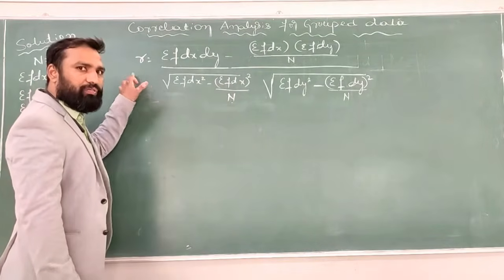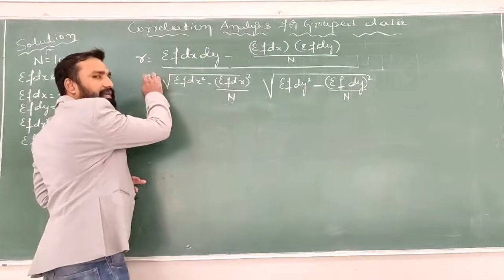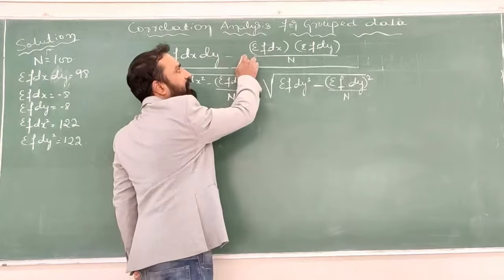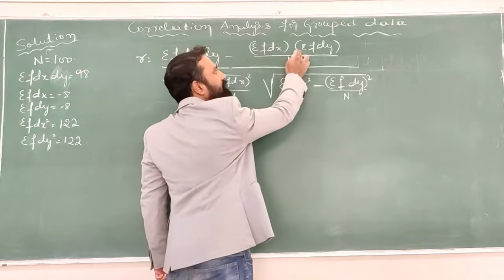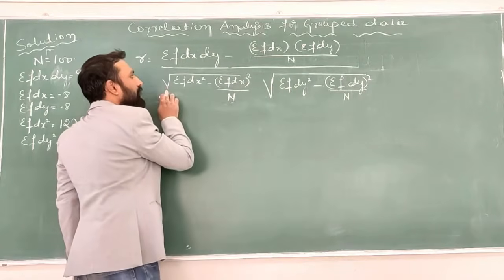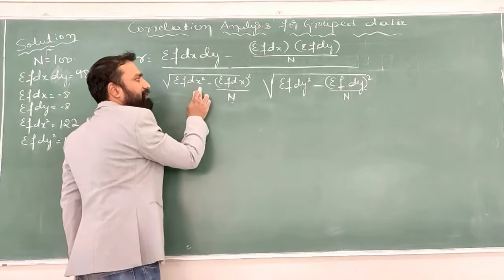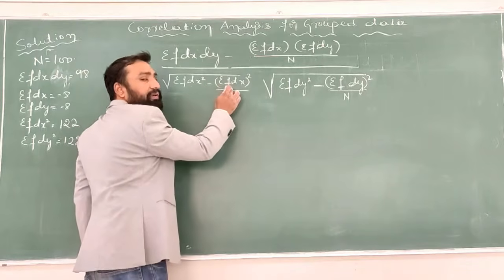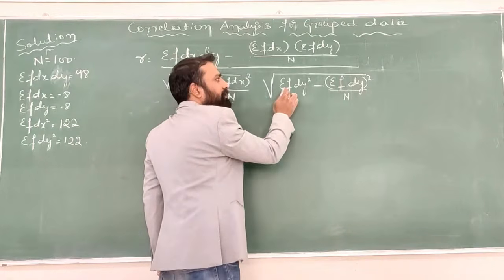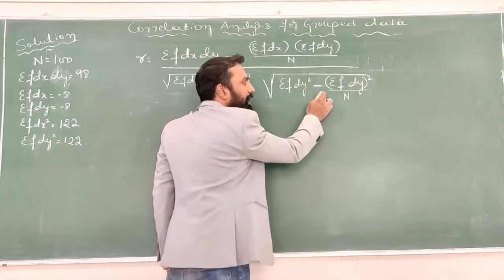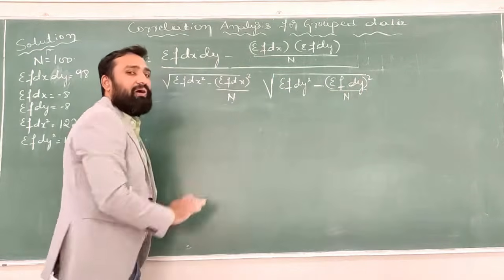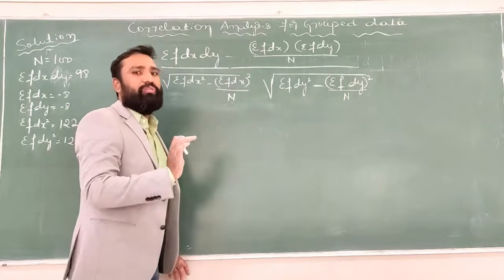R equals summation f into dx into dy minus summation f into dx into summation f into dy divided by n, whole divided by square root of summation f into dx square minus summation f into dx whole square divided by n, into square root of summation f into dy square minus summation f into dy whole square divided by n. So this is the formula for calculating the coefficient of correlation R.